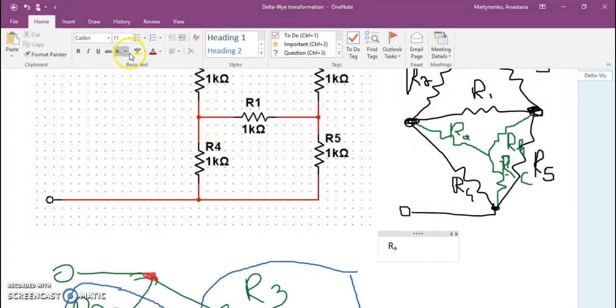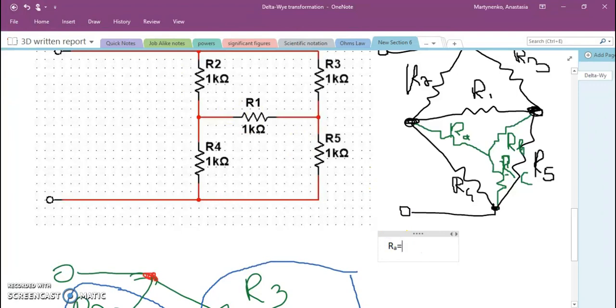Now you guys remember what I told you about being in between? That means R4 and R1 go on top. So R1 times R4 divided by R1 plus R4 plus R5. So that's my formula for RA.